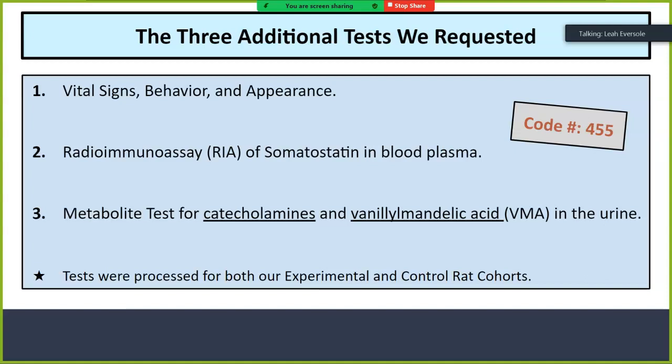Thank you, Caitlin. So going on from there, we are looking at our 3 additional tests that we requested. Our code number is 455 for this project.